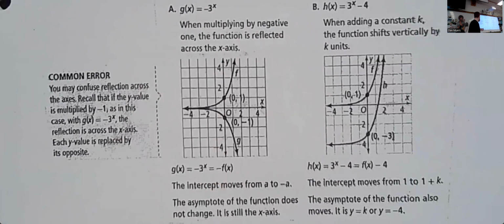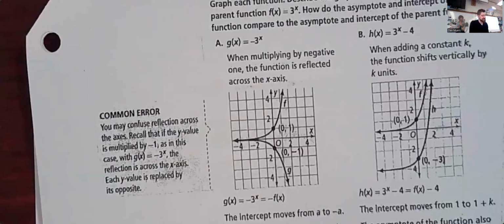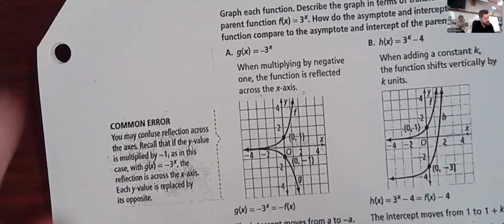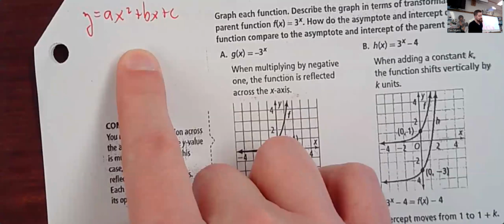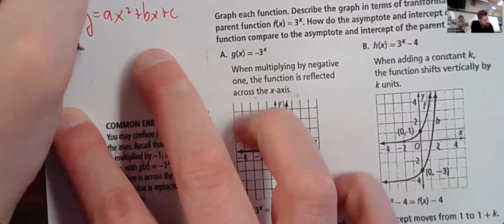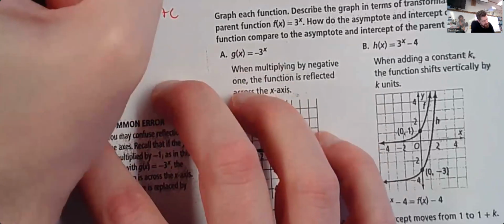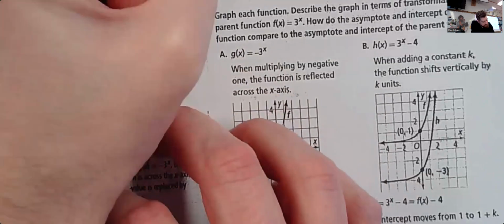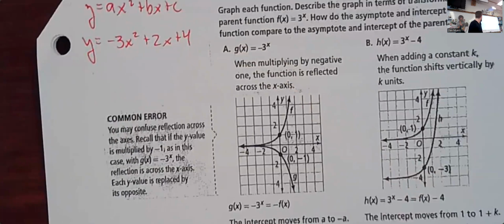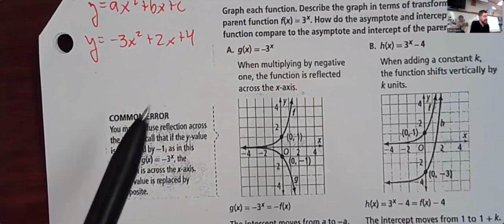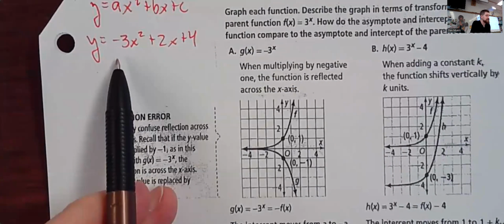It's actually like when we had, go and write this down real quick. When we had quadratic functions, where you had y equals ax squared plus bx plus c, and if you had a function that said y equals -3x squared plus 2x plus 4, something like that. This one did have a negative value of a, but the negative meant that there was a reflection across the x-axis.